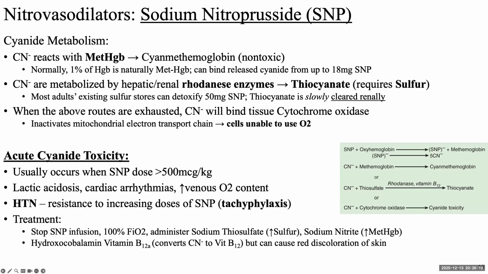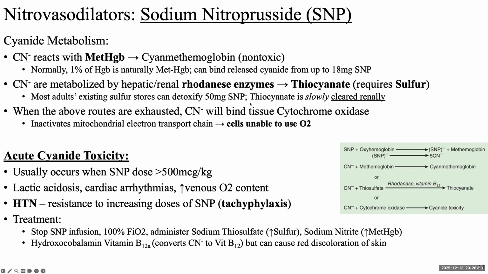Now, we also have another pathway where cyanide molecules are metabolized by hepatic and renal rhodanese enzymes, and that results in thiocyanate. This requires sulfur for this process. Most adults' existing sulfur stores can detoxify about 50 milligrams of SNP. So again, we have a much larger reservoir here in this rhodanese enzyme thiocyanate pathway, right?